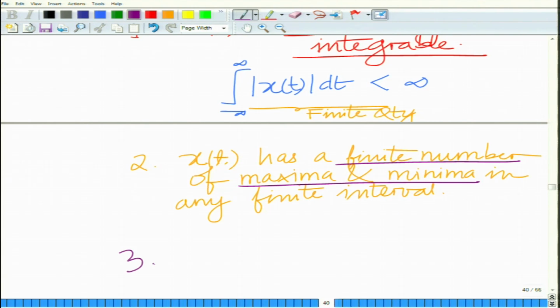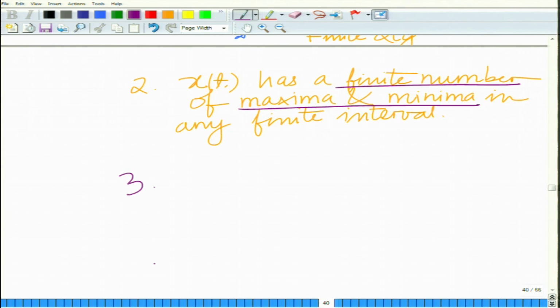And three, x(t) has a finite number of discontinuities, that is, this signal x(t) in any finite interval has a finite number of discontinuities, and at each of these discontinuities it has a finite value.